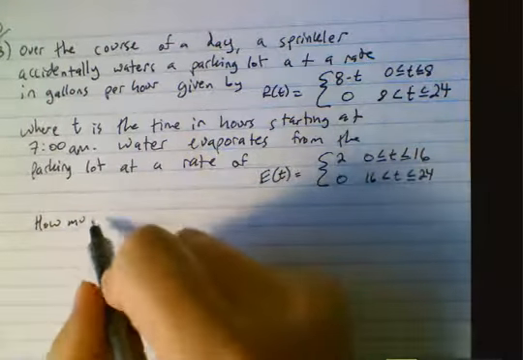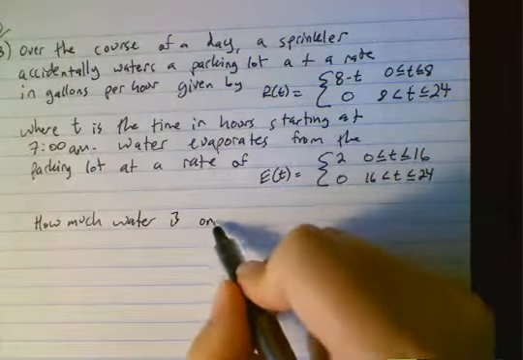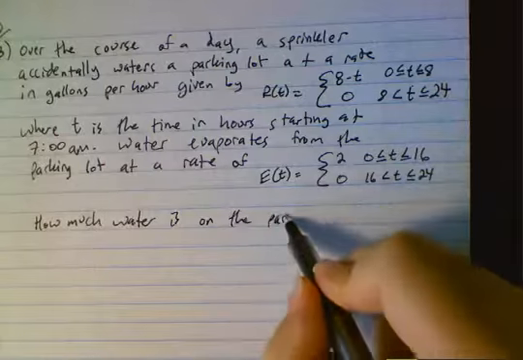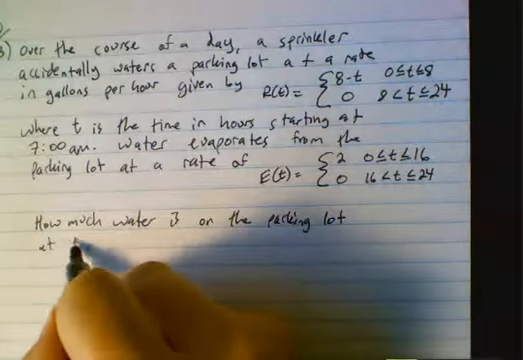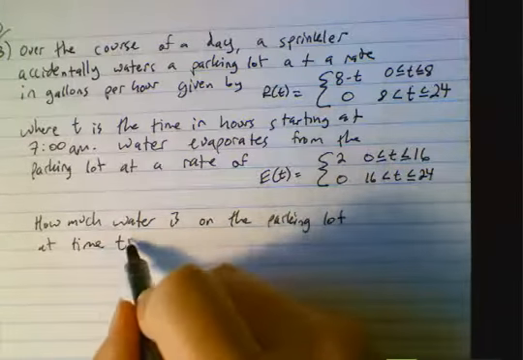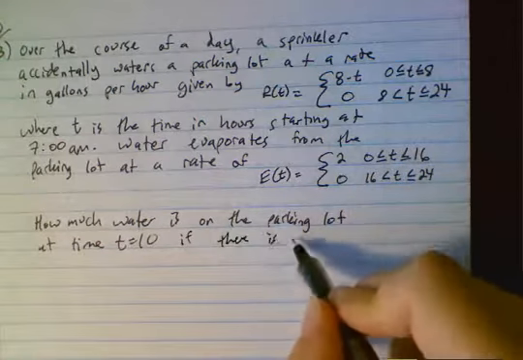How much water is on the parking lot at time t = 10 if there is no water initially?